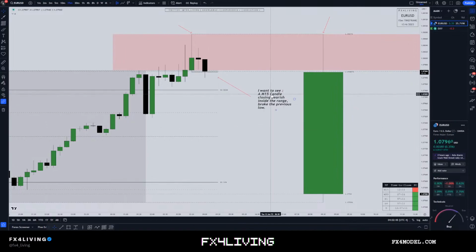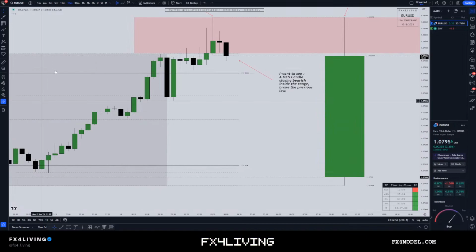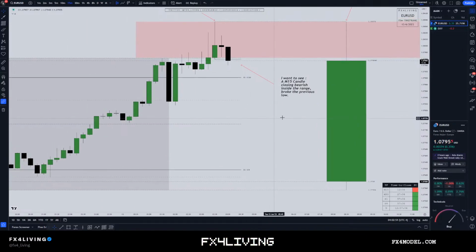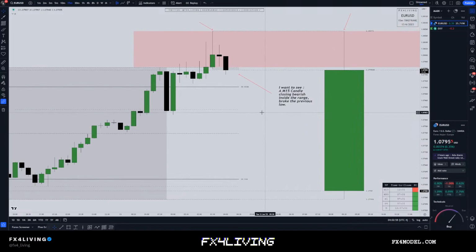So I want to see an M15 candle closing bearish inside the range. The gray box here is my range, and I want to see the price closing inside this range. If that happens, I'm going to determine what is my premium and discount price from this previous range. And I want to see a reaction in a lower time frame, maybe 1 minute, on a premium price and going back down after.